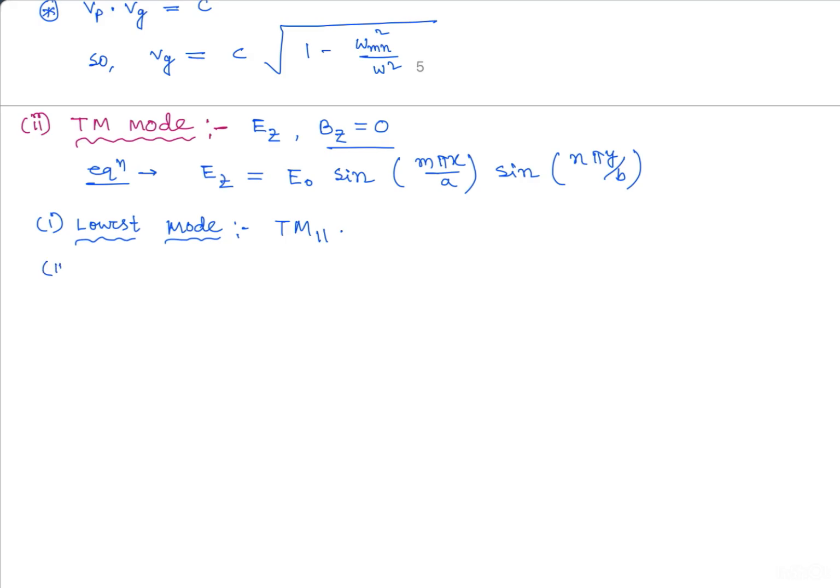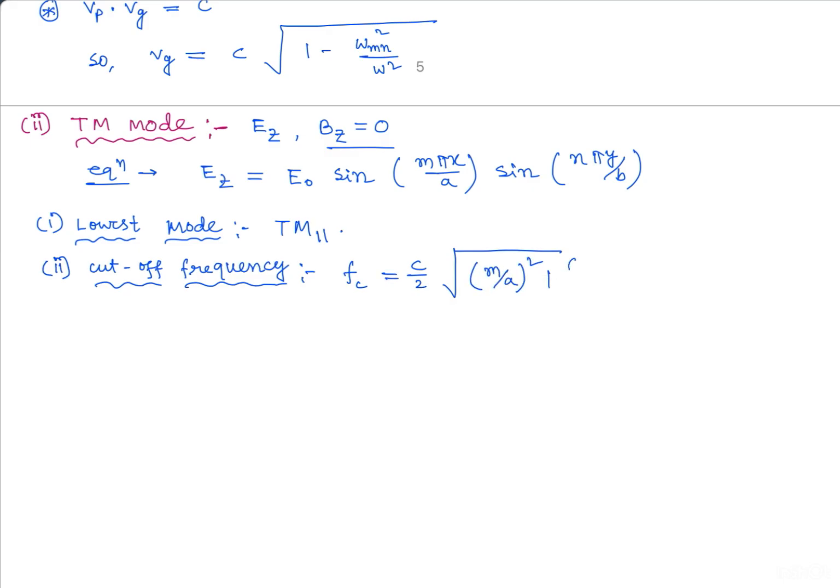Number two, cutoff frequency. Cutoff frequency will be same as before. fc will be c by 2 into root over (m by a) whole square plus (n by b) whole square.